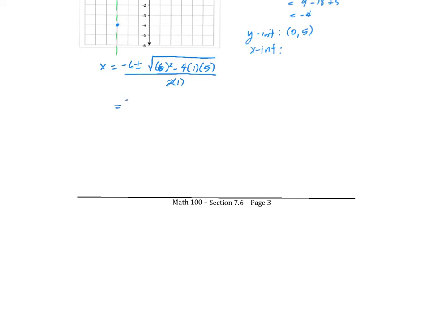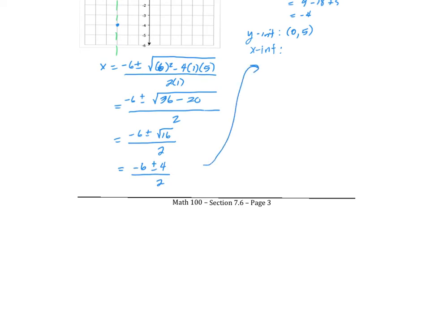So my x value would be negative 6 plus or minus the square root of 36 minus 20, all of this over 2. So oftentimes people will just write the fraction bar underneath the square root portion, but all of it's over 2. This simplifies to negative 6 plus or minus the square root of 16, whole thing over 2, which would be negative 6 plus or minus 4.